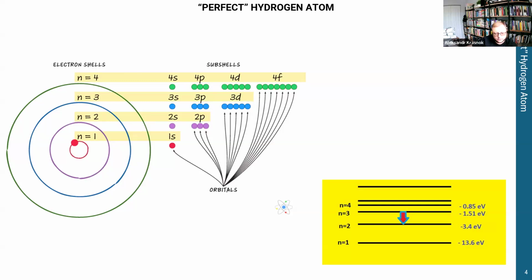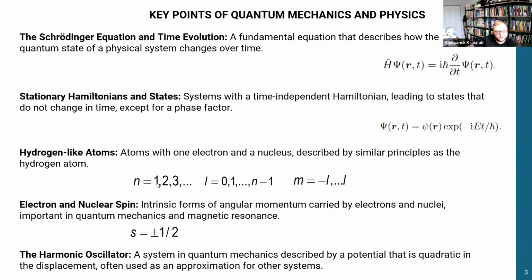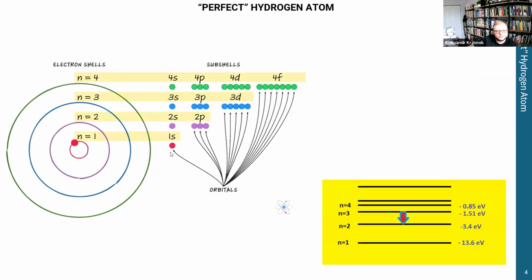Different electronic configurations. For example, for the main number 1, we have one orbital 1s, where s corresponds to the L number equal to 0. Again, if n equals 1, then L can be only 0, and M can be only 0 too. That's why we have only one orbital.